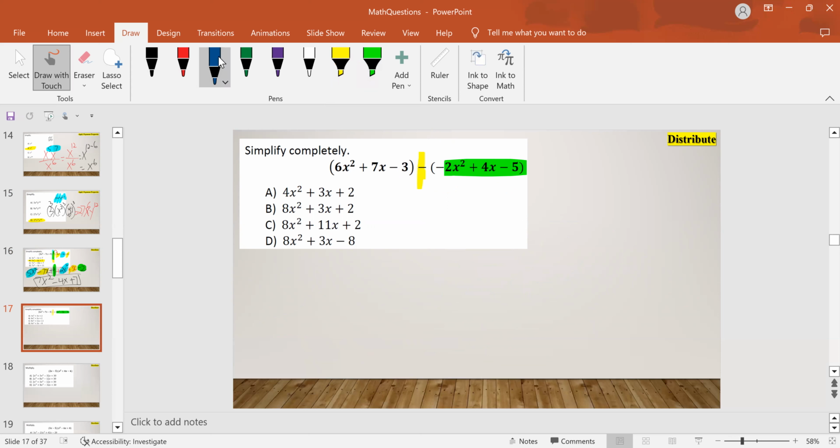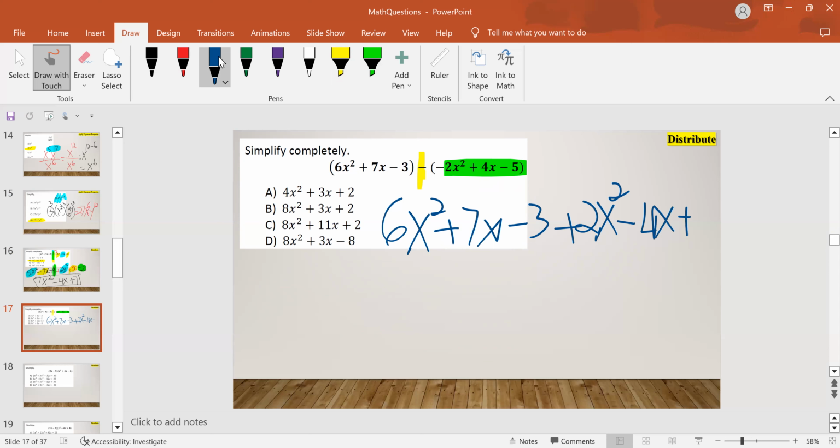Therefore, we have 6x squared plus 7x minus 3 plus 2x squared minus 4x plus 5. Okay, we combine like terms.